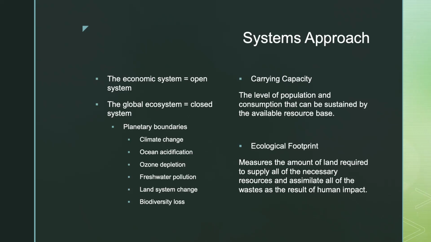This is a measure that converts a specific activity and the human impact from that activity into the amount of land that would be required to supply all of the necessary resources and assimilate all the wastes from that activity. You can go online and find a lot of free ecological footprint calculators. Maybe we'll do that during class and see what comes up for us. But this is a way where we can compartmentalize this very, very large problem and communicate it more effectively to a more generalist audience.